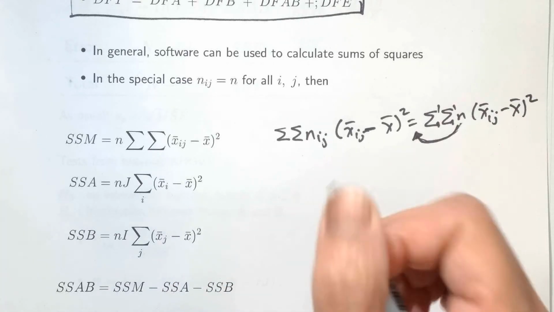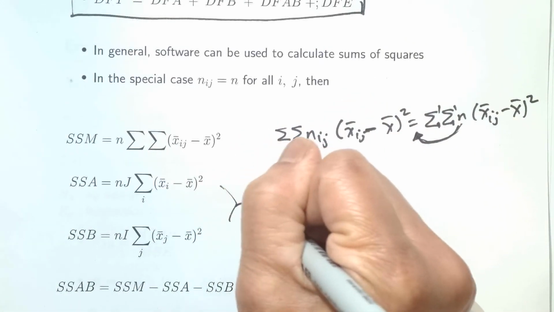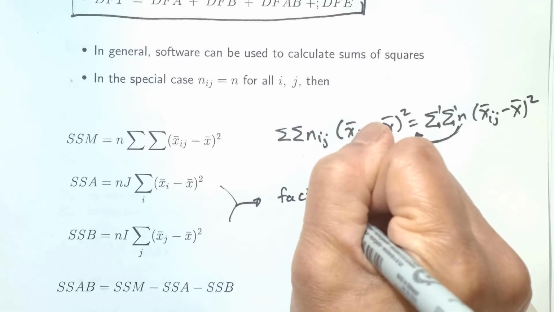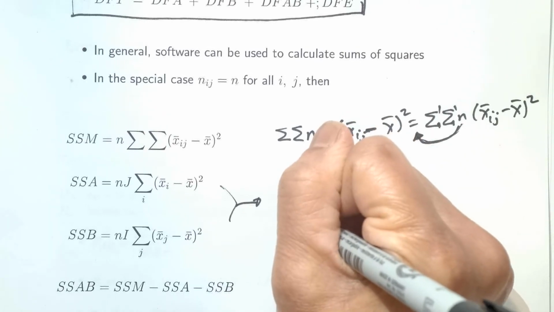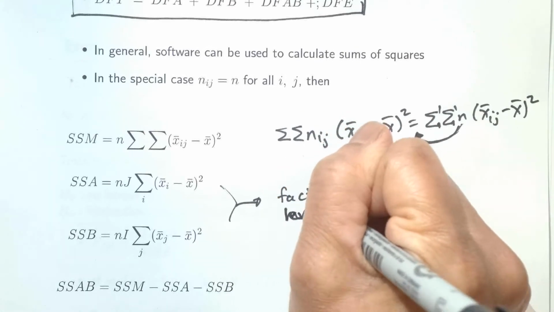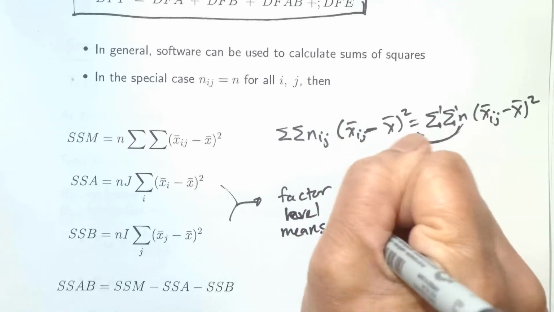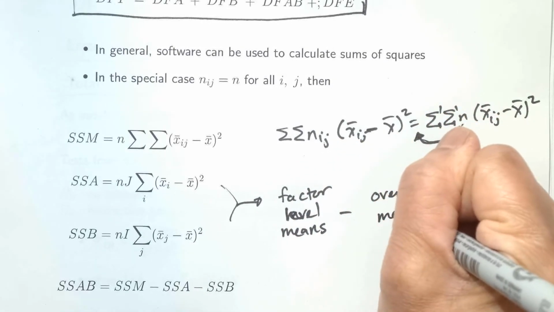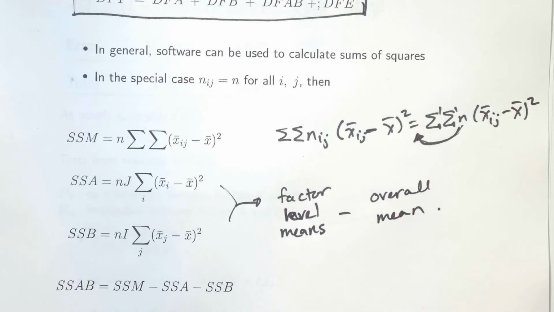Okay, so these two are the factor level means minus the overall mean.